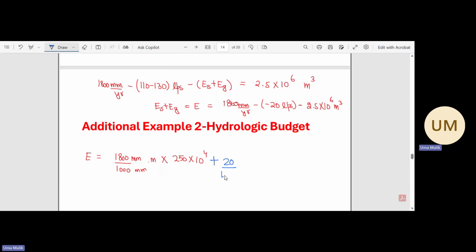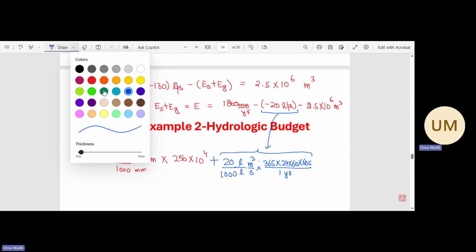So 20 divided by 1000, I will have meter cube per second. Because I am calculating on an annual basis, I need to convert per second into year. So this will be 365 days in a year multiplied by 24 multiplied by 60 multiplied by 60 seconds in 1 year. This is my second term, 20 liter per second.